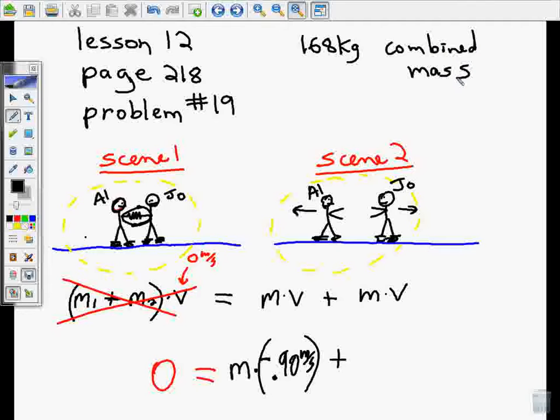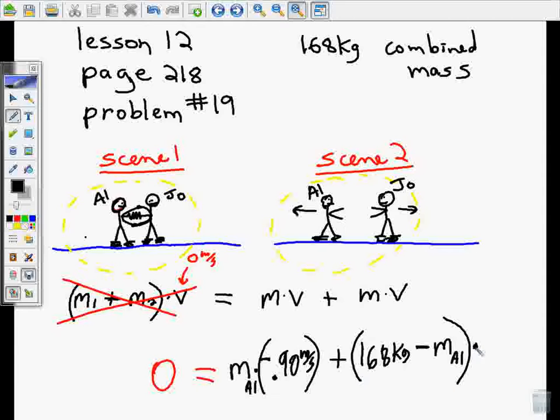So what can I put in for an expression for Joe's mass? 168 kilograms minus Al's mass. So this is the mass of Al. This over here is the mass of Al. And parentheses.